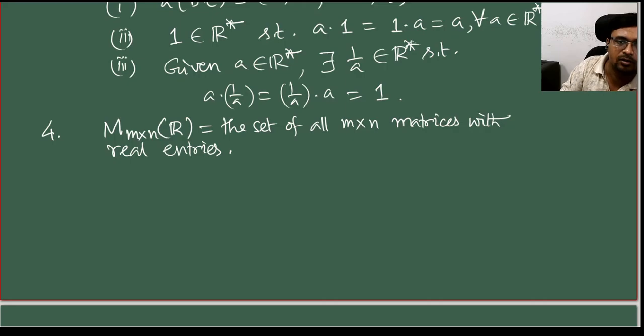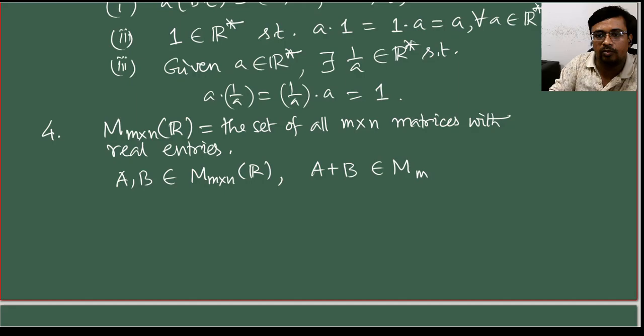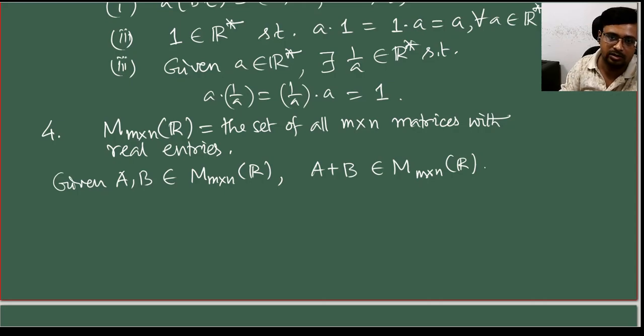Now we know that given two such matrices A and B belonging to M m by n over R, their addition A plus B is also another m by n matrix over R. So the usual matrix addition defines a binary operation on this set.